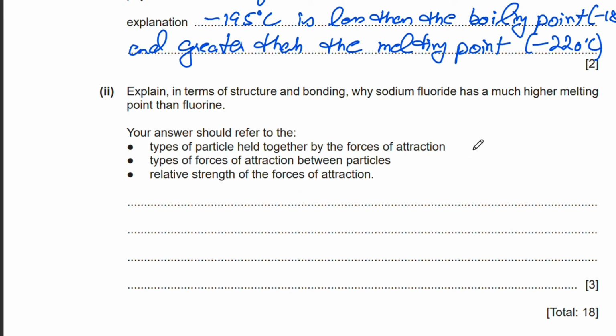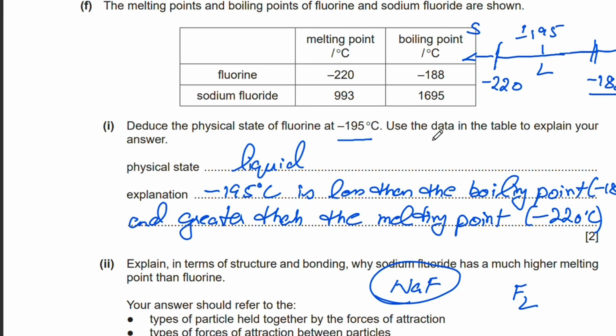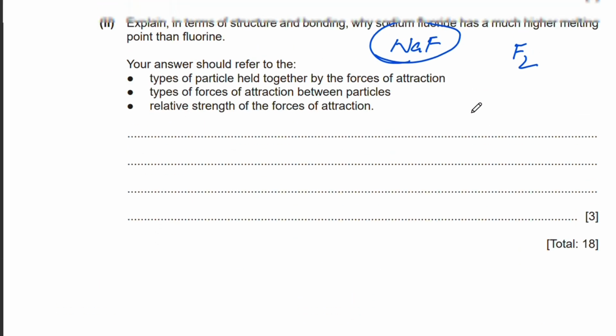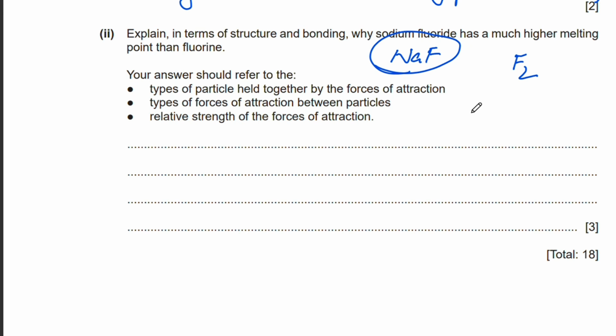So we all know that sodium fluoride, NaF, is made up of ions, so it has ionic bonding, which is quite strong compared to fluorine, which has a covalent bond between its molecules, which is a weaker bond. So that's why it has a very high melting and boiling point, because of the very strong force of attraction between its ions, or you can say it has a very strong ionic bond. So what will your answer be?